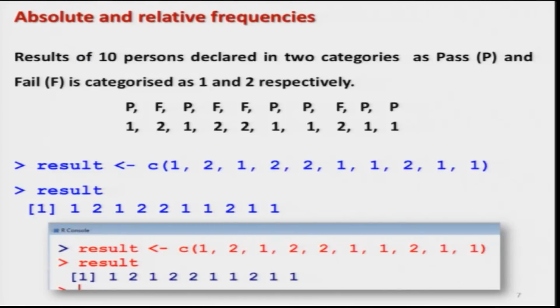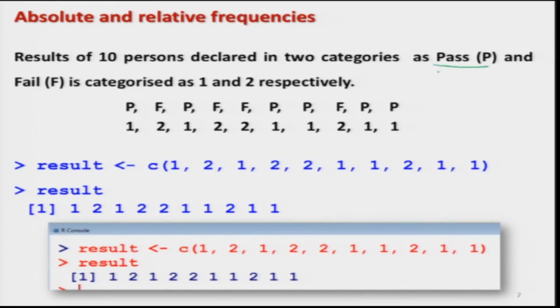So, now let me take an example and try to show it on the R software also. I will take the same example, but now I am doing one thing more. Earlier, all the 10 candidates were categorized in two categories, pass or fail.